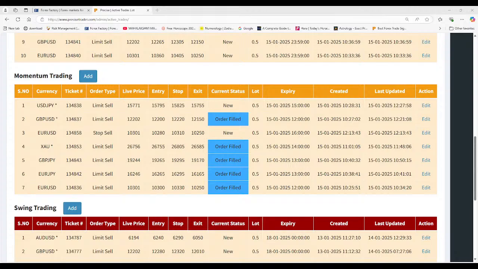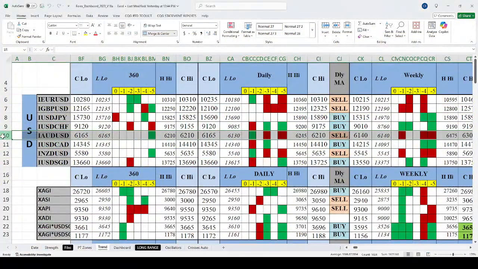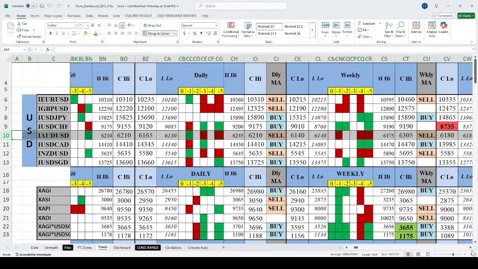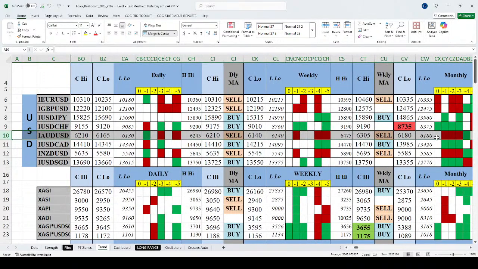The next one we are going to see is Aussie. The trend is saying hourly is flat with an upside bias. Daily, yesterday was an up day, so this is also flat with an upside bias. Weekly is flat with a downside bias, and monthly is also flat with a downside bias.